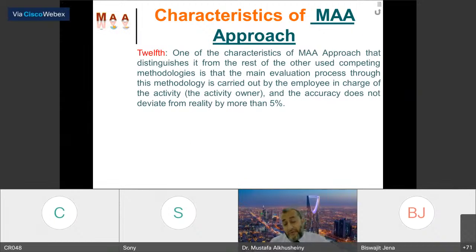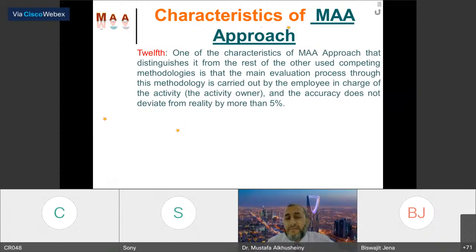Now, when he evaluates that process, he will give us the most accurate results. Some person may say that, okay, this process owner will give himself, for example, a high level of performance.